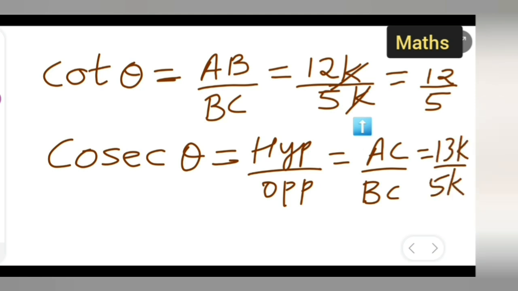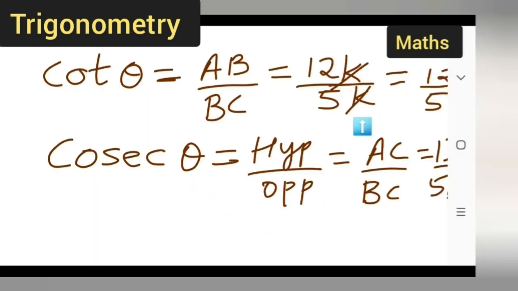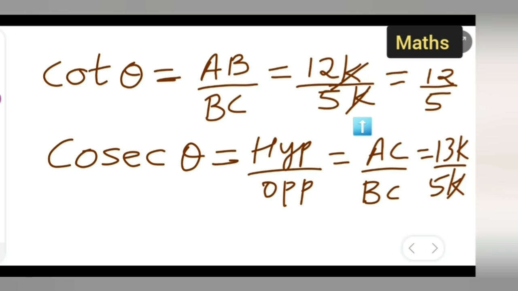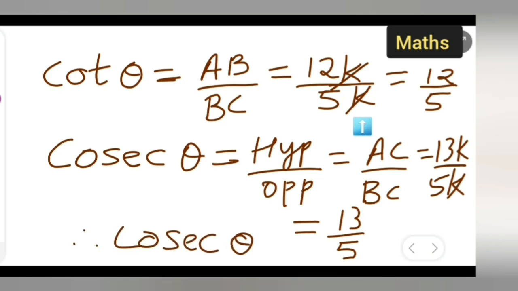This is what we found out, right? So k will get cancelled, and the answer I am going to get is 13 upon 5. Therefore the cosec theta is 13 upon 5. Okay, so I hope you all have understood.